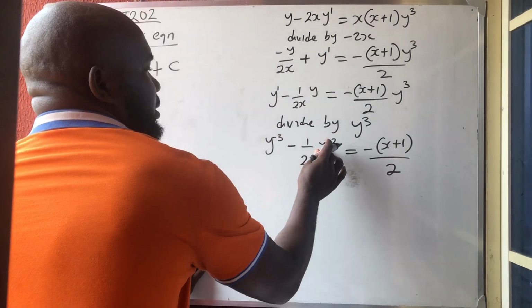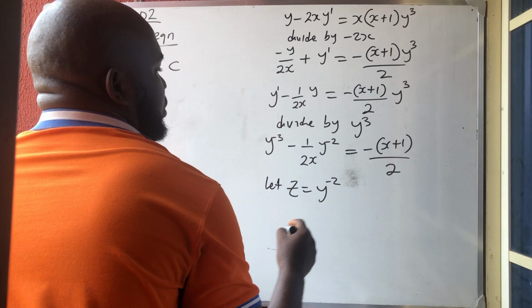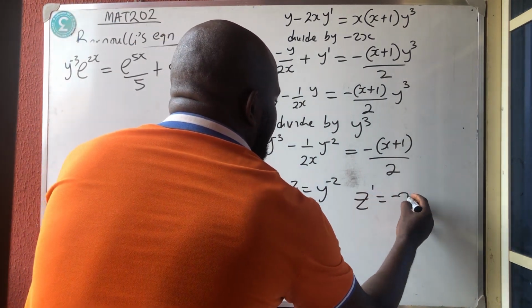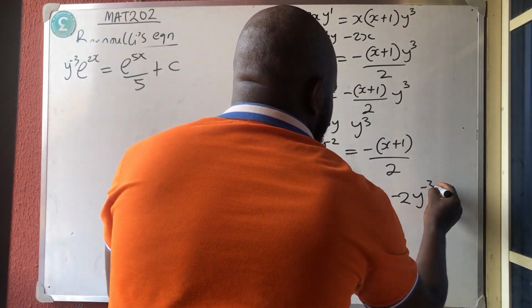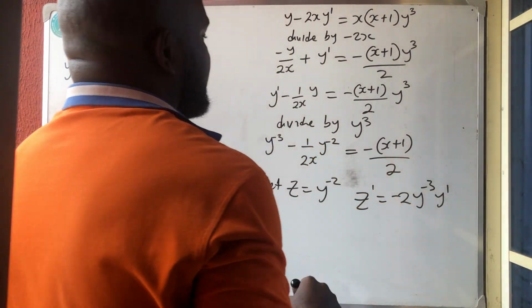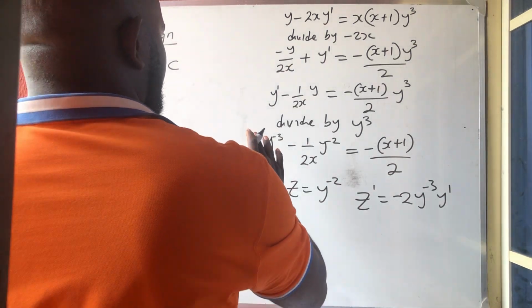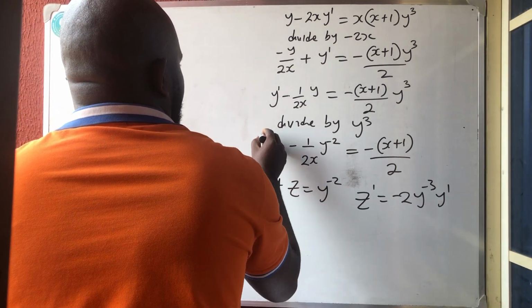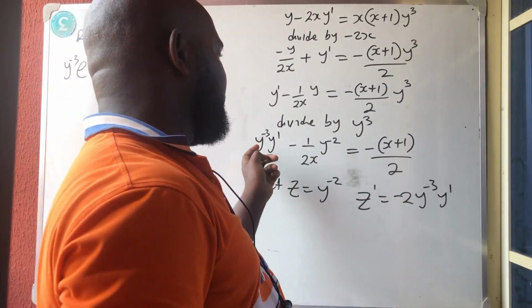So we now say let z be equal to y raised to power minus 2. So z prime is now minus 2y raised to power minus 3 y prime. So I forgot y prime here. So y raised to power minus 3 y prime. Okay. So you see that this and this are the same thing.